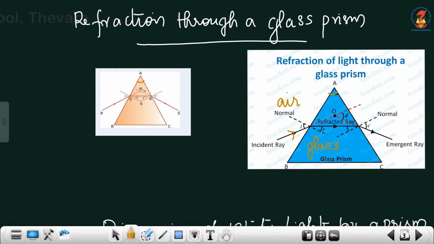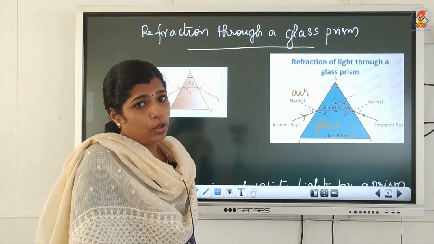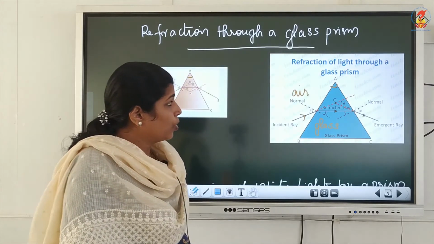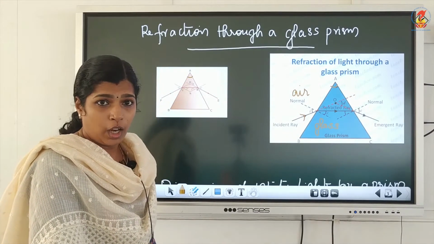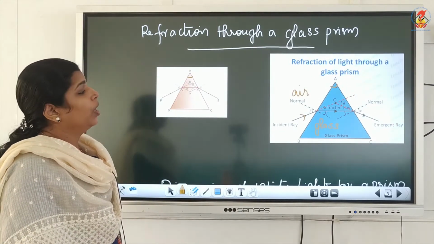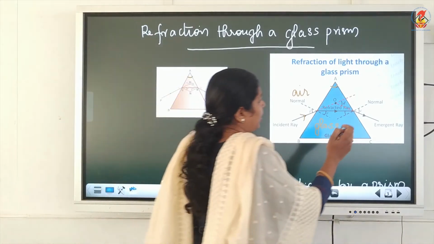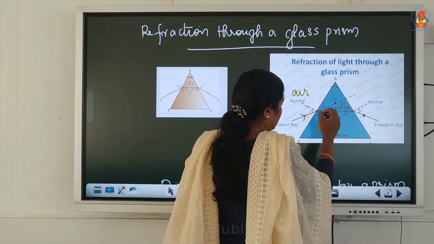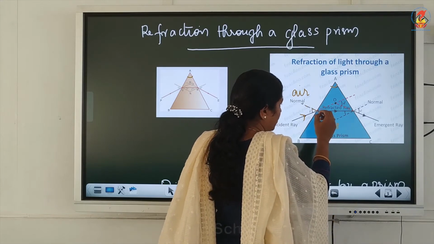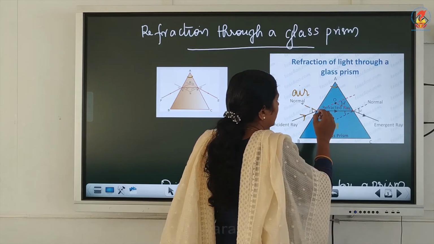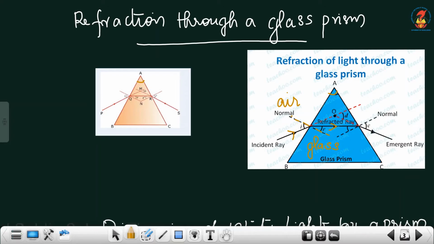So, the ray of light travels from a rarer medium to a denser medium, and it bends towards the normal. This one is a refracted ray, and this one is the normal at this point.